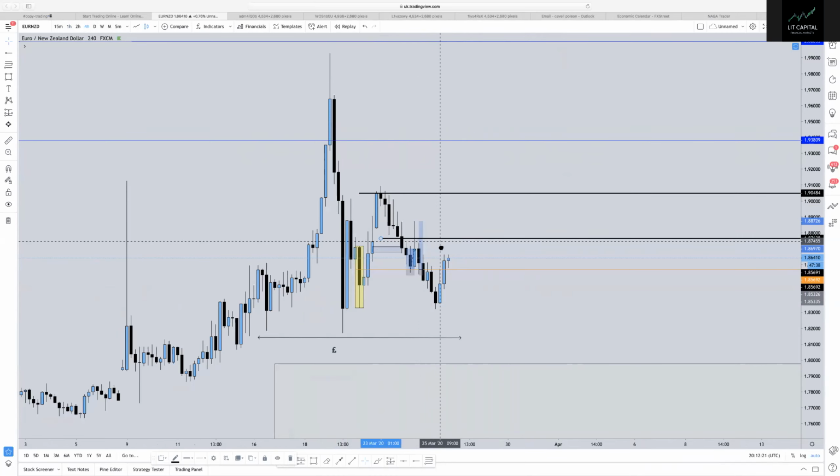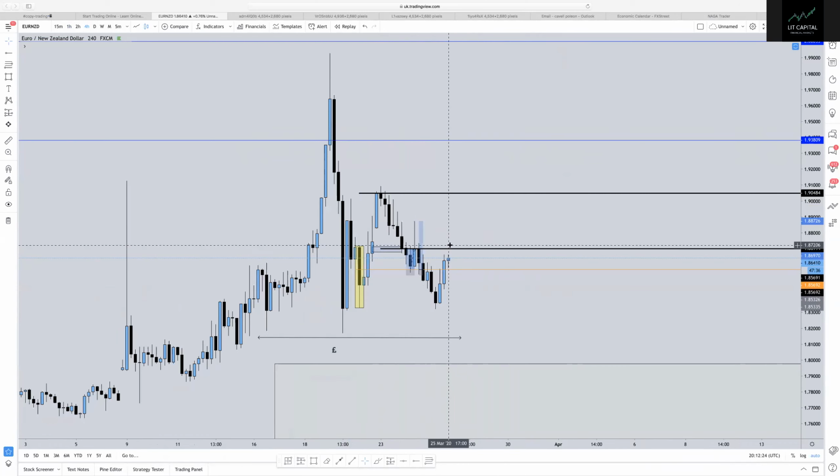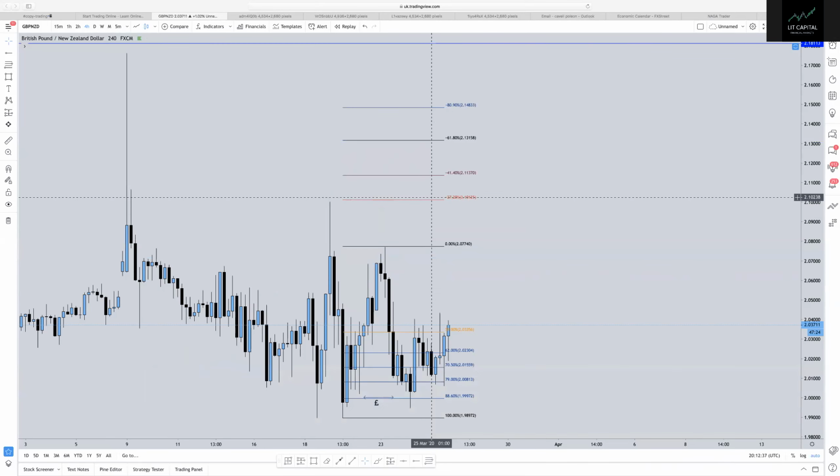I'd like price to come and close above this high here, and then retest so we can go long. If you guys trade any NZD pairs, they pay you a lot. Euro NZD, pound NZD, they pay you a lot. I promise you that. This is pound NZD. It pays to start to study them.